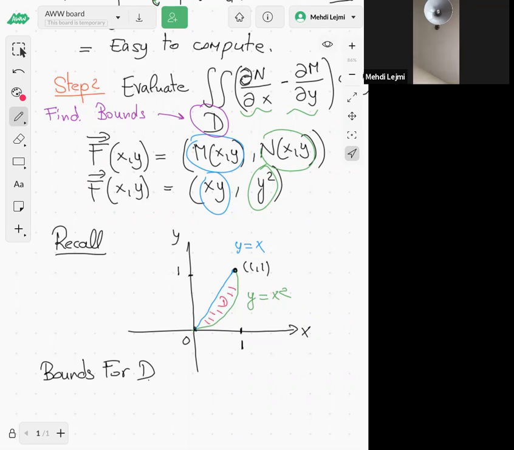It's an elementary region. You can say, for example, your x is between 0 and 1, because here's my x equal to 0, and here's my x equal to 1. So my x is between 0 and 1.